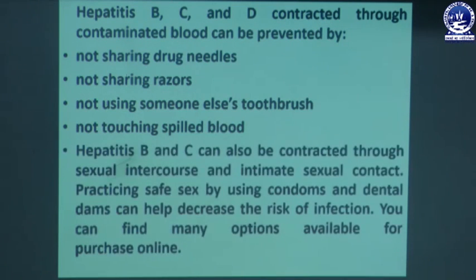Hepatitis B and C can also be contracted through sexual intercourse and intimate sexual contact. Practicing safe sex by using condoms and dental dams can help decrease the risk of infection. You can find many options available for purchase online.